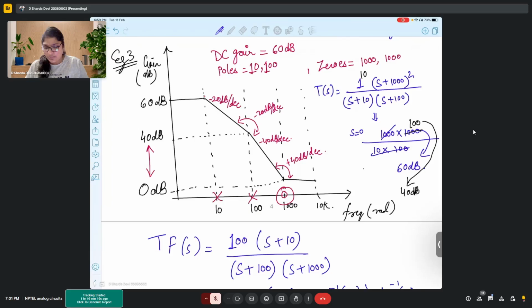Can we relate that way or not? So you should always relate to the difference between the earlier slope and the new slope. What is the slope change? If the slope change is positive, then how much was it earlier and how much is the change? Depending on that, you can say whether there is a pole or a zero at that point.